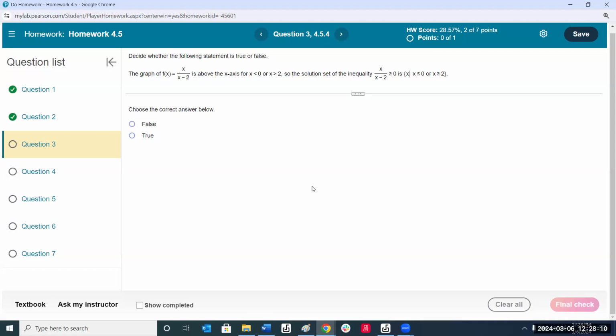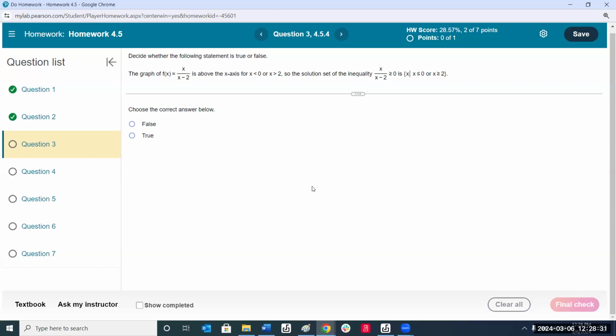Number 3. f of x is equal to x over x minus 2. It is above the x-axis for x less than 0 and x greater than 2.